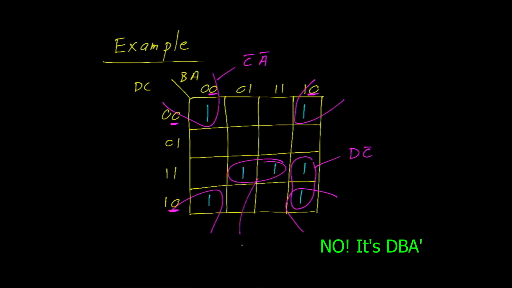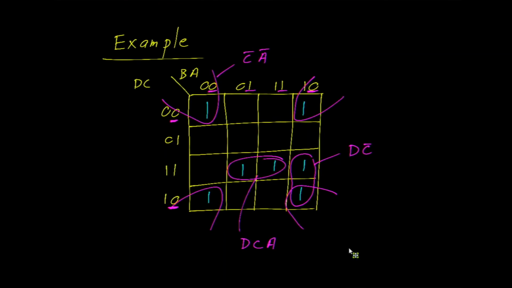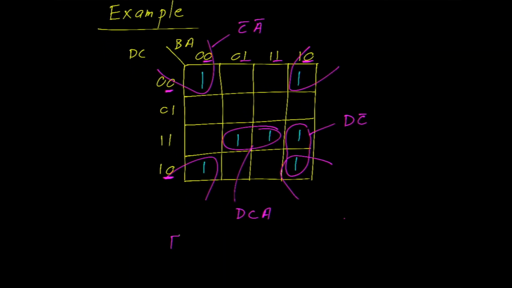This piece is described as the DC row with the A column. That sum of products equation is described as C naught A naught, or DC naught, or DC A.